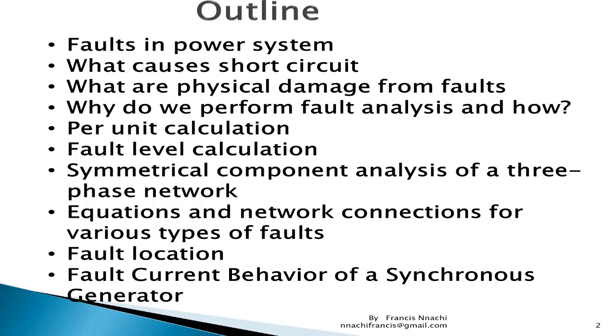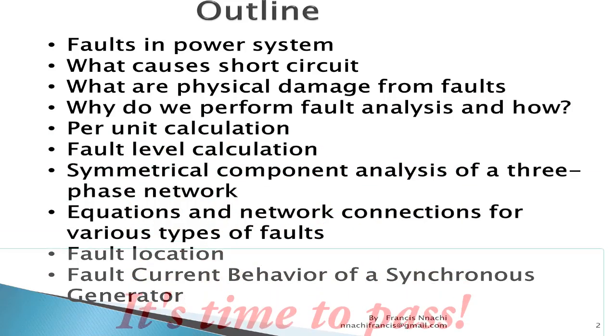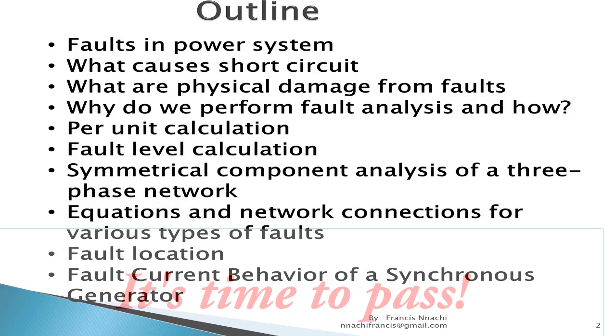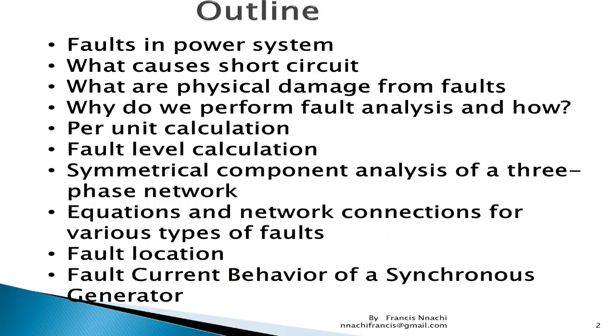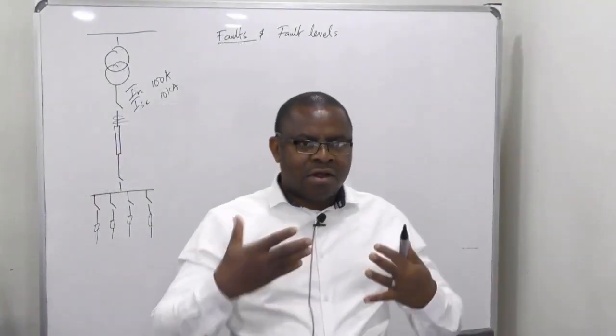And then we look at per unit calculations, fault level calculation, symmetrical components, equations and network connections for various types of faults. And then we look at fault location. Okay, we might not cover that now. And the fault current behavior of a synchronous generator.